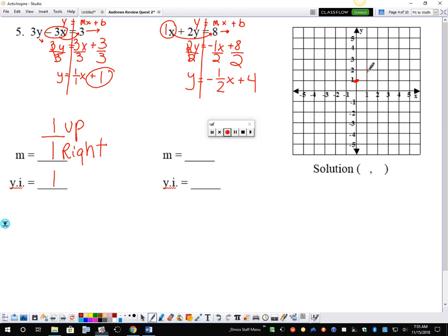Up 1, 1 to the right, up 1, 1 to the right, up 1, 1 to the right, and so on. Connect. Arrows and label.